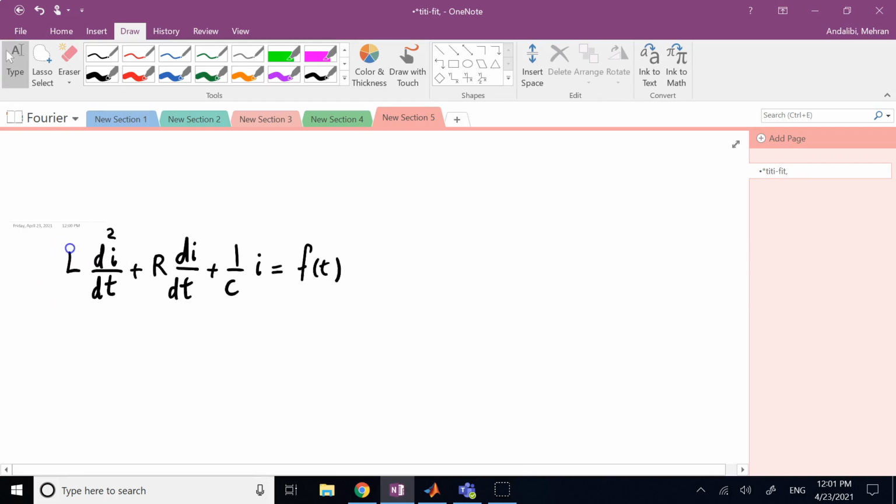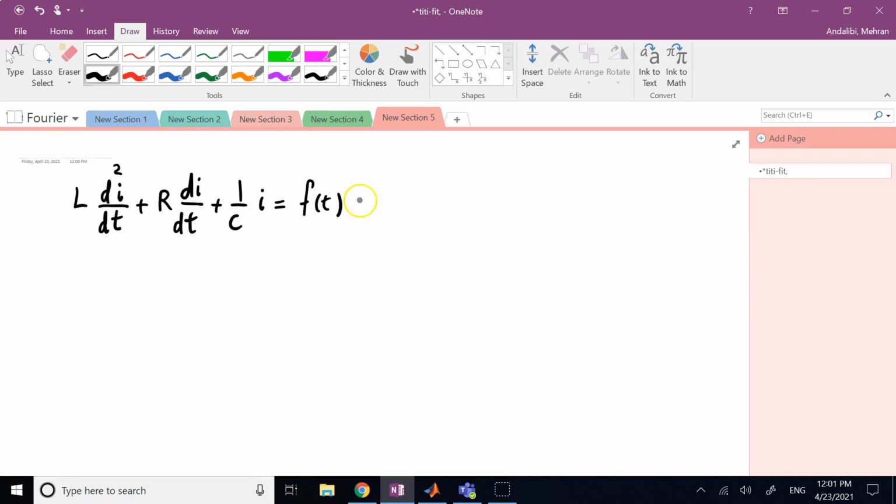Okay, and as I said, let's say this f of t is that square wave. So I can write this as what? Summation, n goes from 1 to infinity, and only with odd numbers, of what?